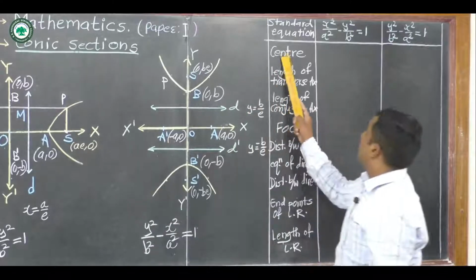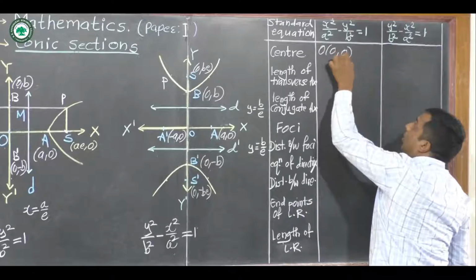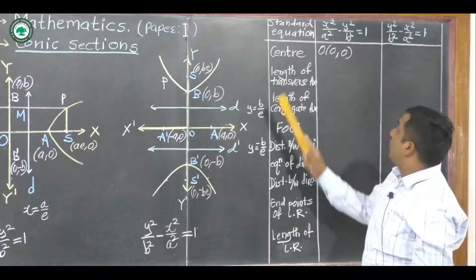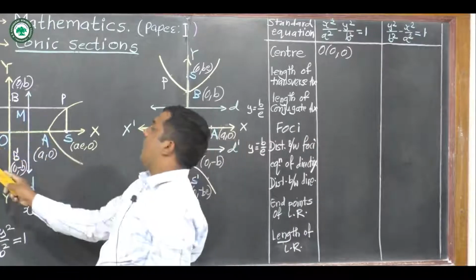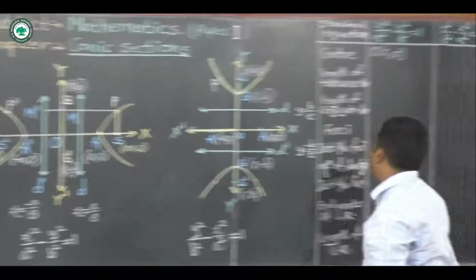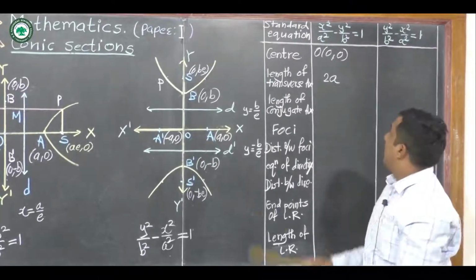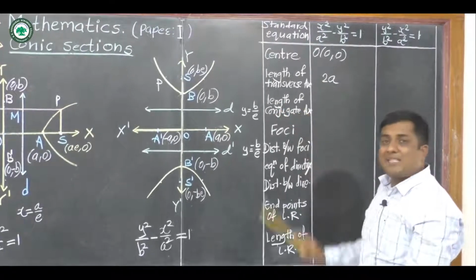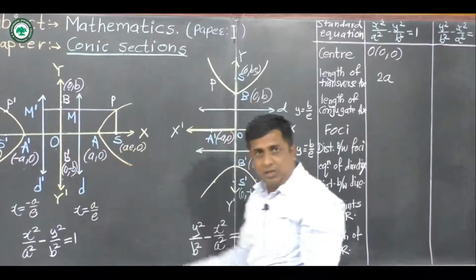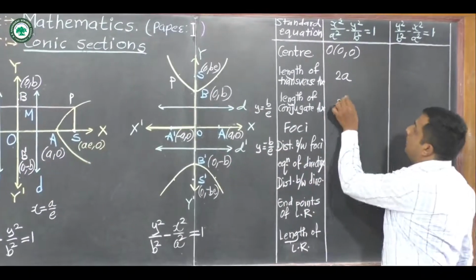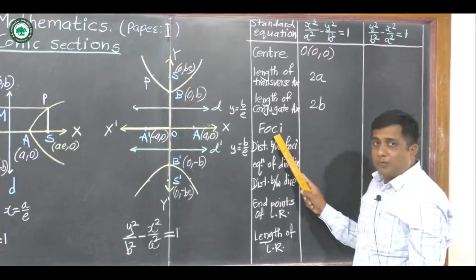We know the center is O, so O has coordinates (0, 0). The length of the transverse axis means the distance A A dash, which is 2a. Then the length of the conjugate axis means B B dash, which is 2b. Then we have to define the foci.